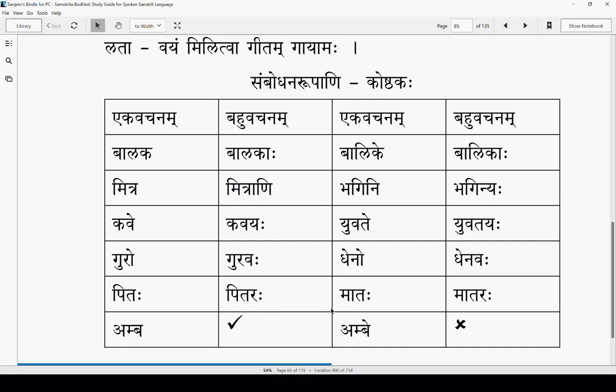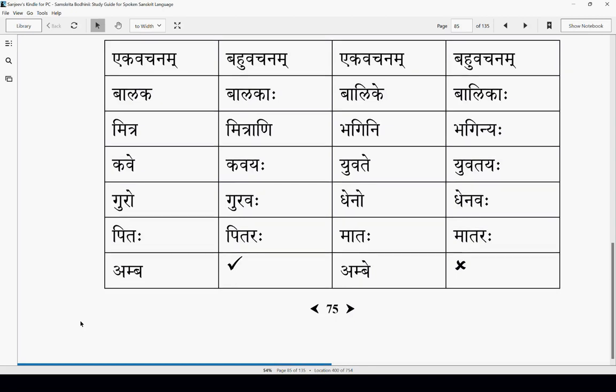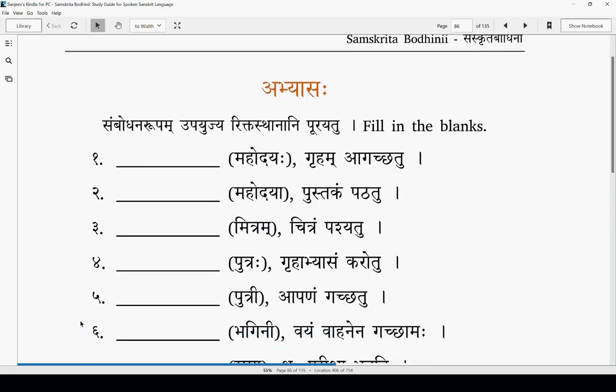If you don't want to remember Matru Shabdasya Vibhakti Rupani, you can use simple forms like Palika or Lata, Amba, everything is same. But only in Sambodhanam, it becomes Amba, not Ambe. If you are asking Amba to do something, you can use Amba, not Ambe. Hey Amba, Annam Pachatu. Okay.